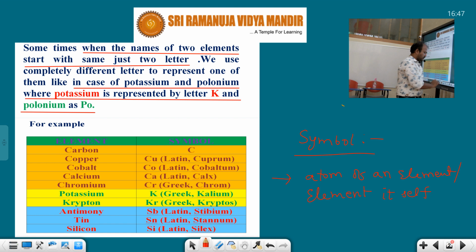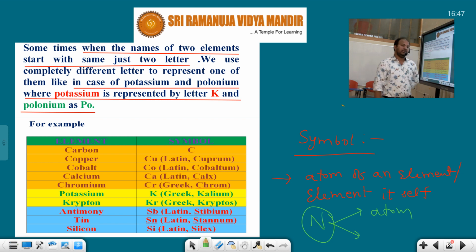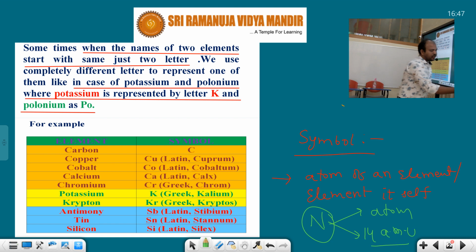For suppose I write the nitrogen symbol here. What you have to understand is, this is a nitrogen atom, and it also explains the atomic mass of an element. Nitrogen atomic mass, how much? 14 AMU. So if you take any symbol of an element, it indicates an atom of an element and its atomic mass. This is the significance of a symbol.